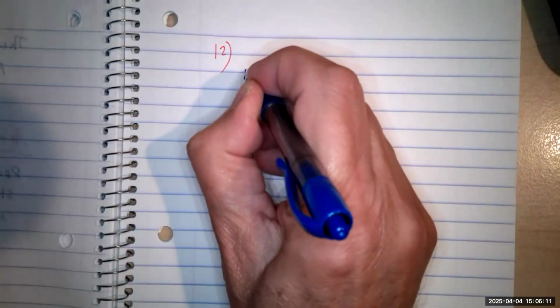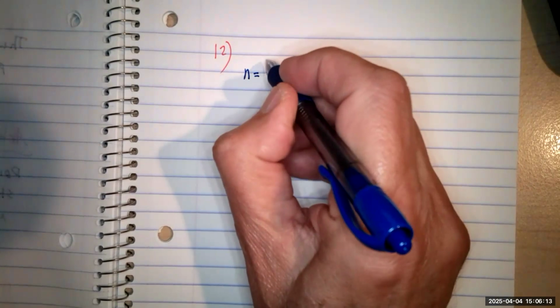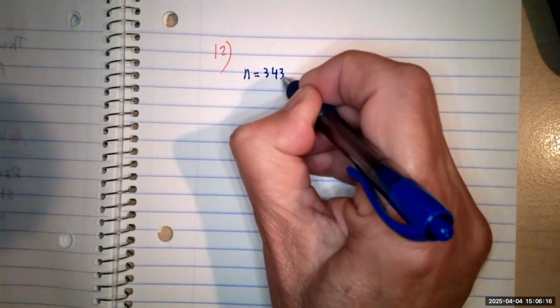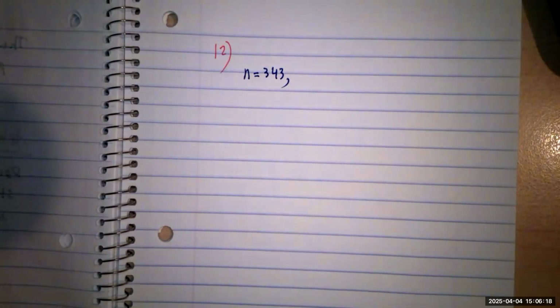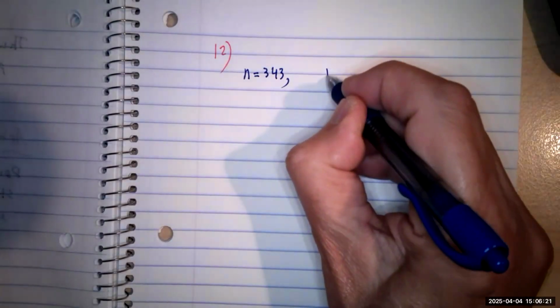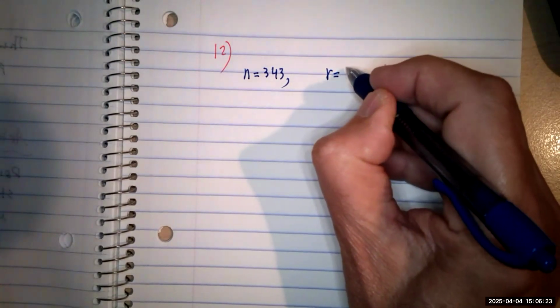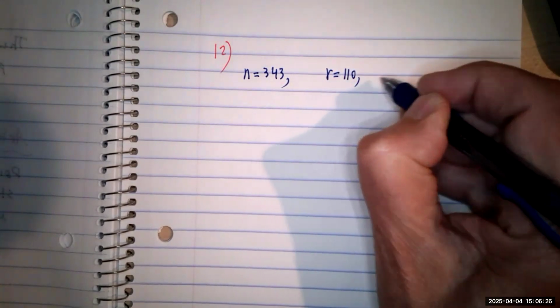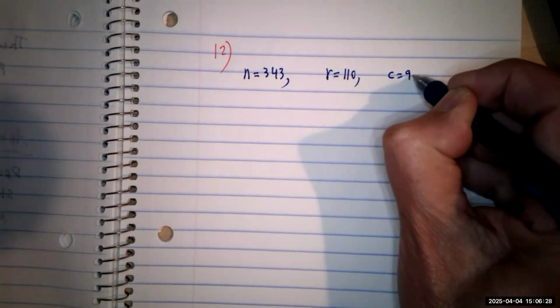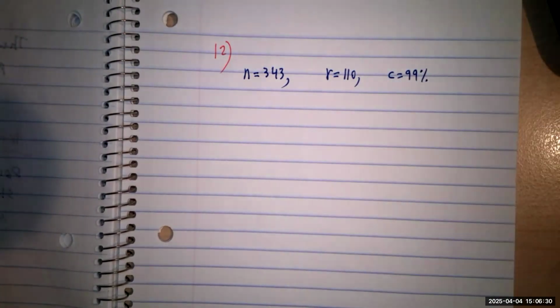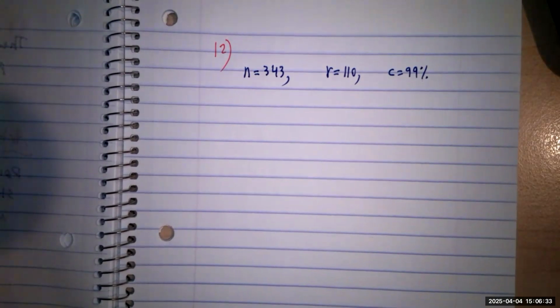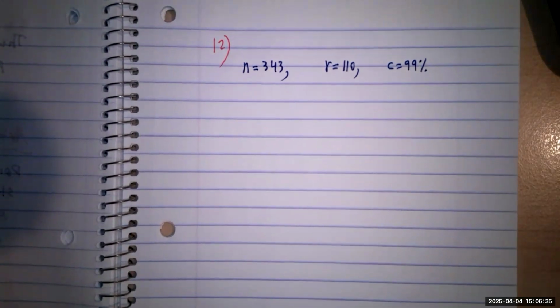You have your numbers: the sample size is 343, the number of successes is 110, and you have a confidence level of 99%. Go directly to the author stats, use these three numbers, and find the interval and the information that we talked about. Okay, so going to the web again.